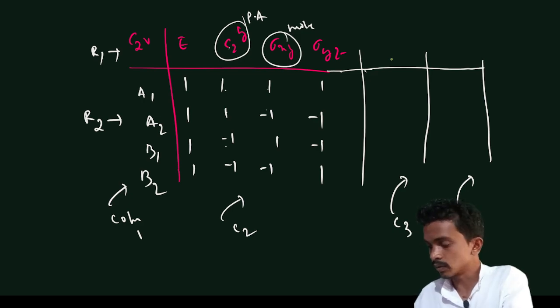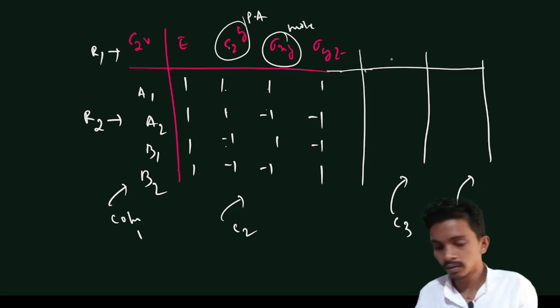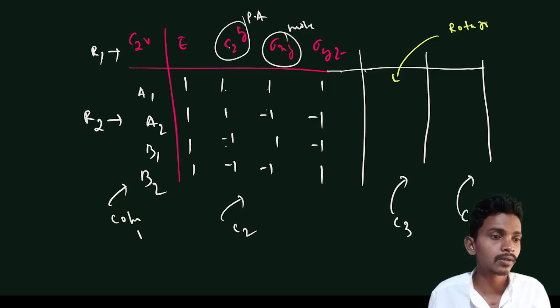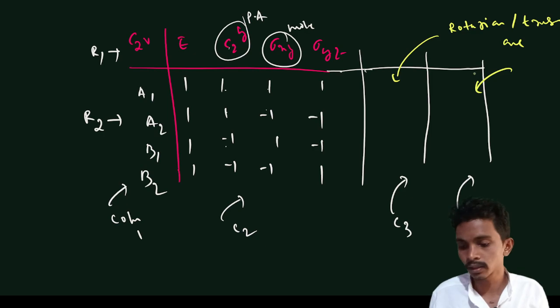Let's look at these values. Here there will be rotational or translational axes, and here the quadratic values will be present.